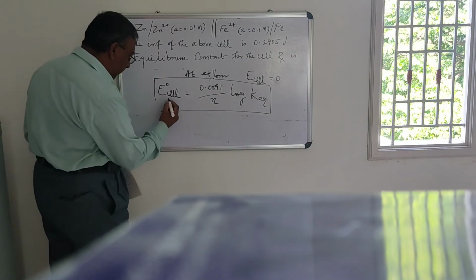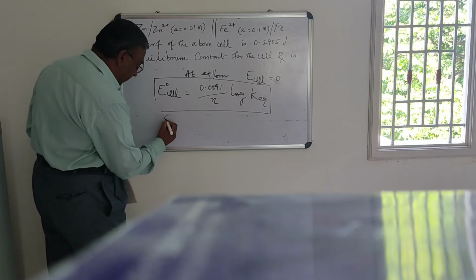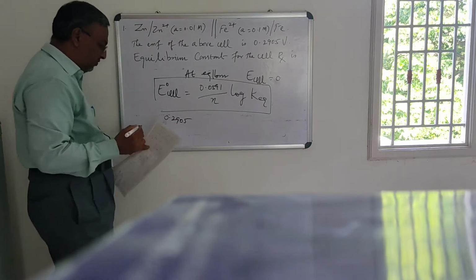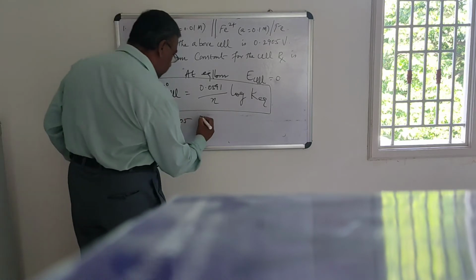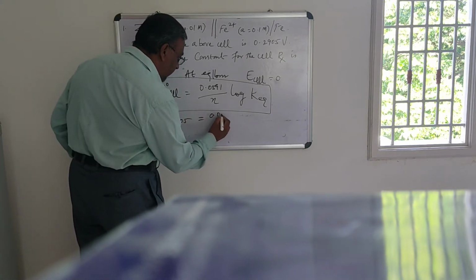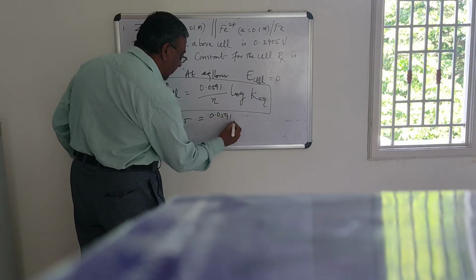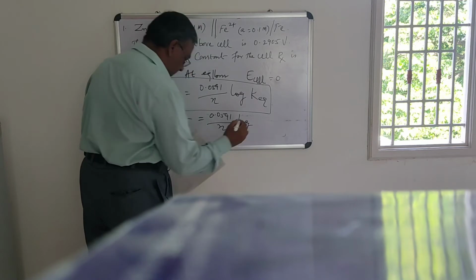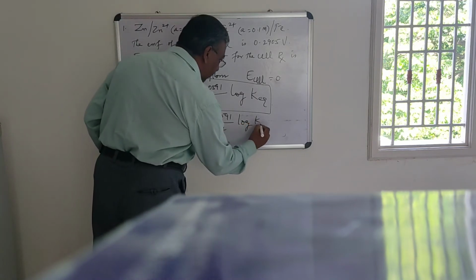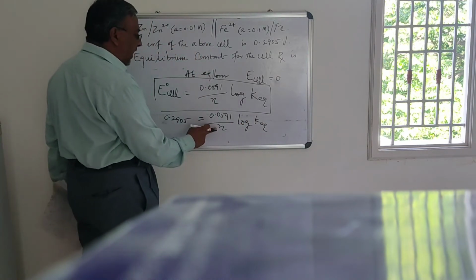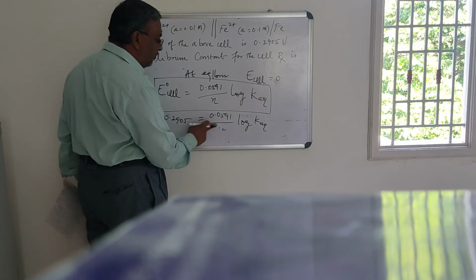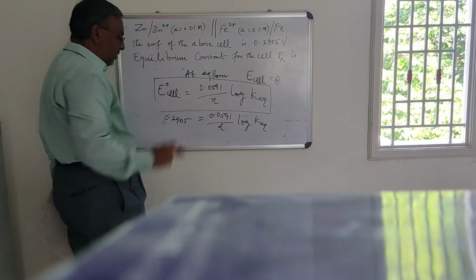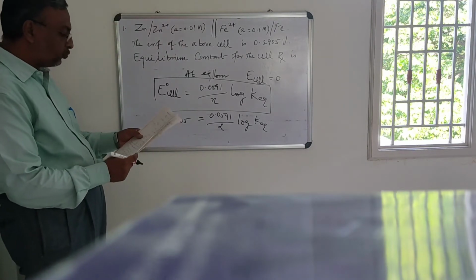Now I am substituting, just now we have calculated the E naught of the cell is found to be 0.2905 equal to 0.0591 divided by n into log of K equilibrium. Here this value of n is found to be 2 because there are 2 electrons transferred in the electrochemical reaction.